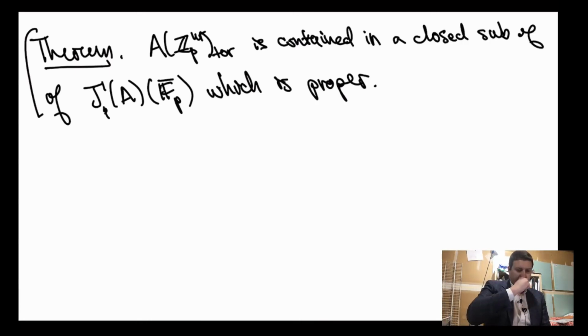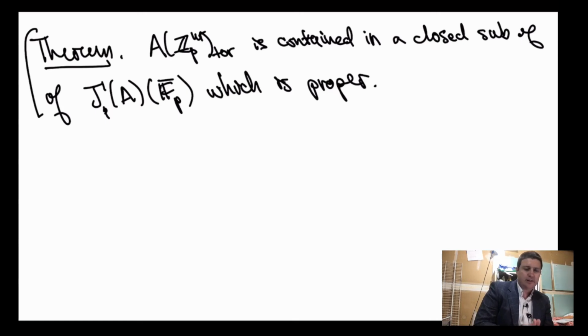Okay, so the proof. We talked about how the jet space is involved, and we talked about how we only need to really look at the torsion points mod p squared. The way this is going to work is I'm going to use some properties of the jet space of the abelian variety, and some properties of the jet space of the curve.